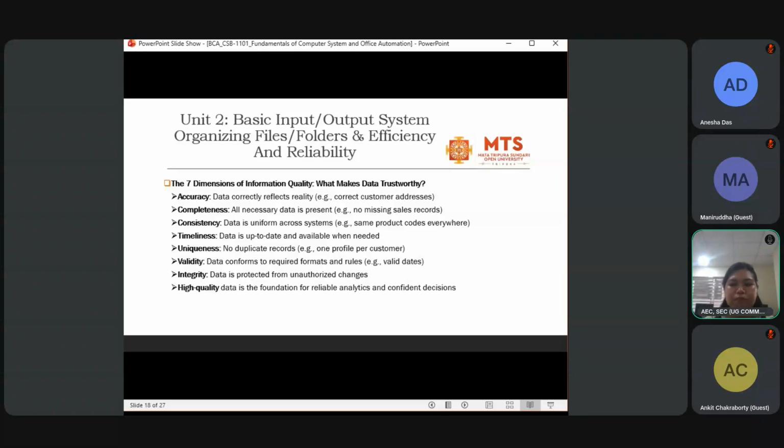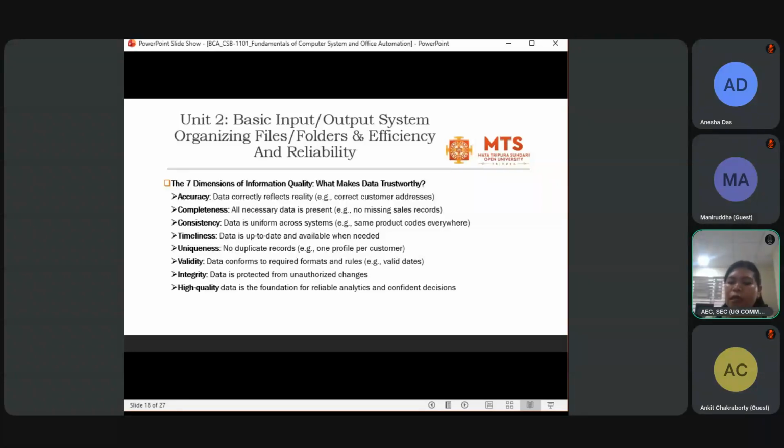First thing first is accuracy. Accuracy means data correctly reflects reality, like a correct customer address, like Anisha Das. There can be so many Anisha Das in the world with the same name. But how can we identify?